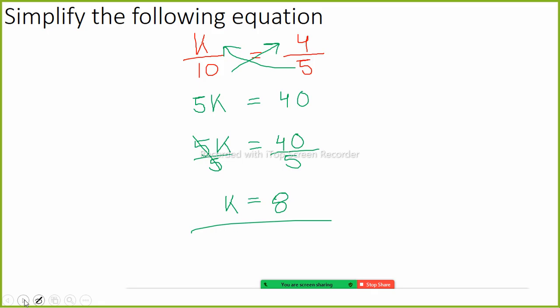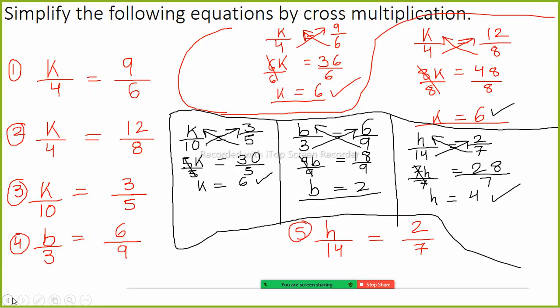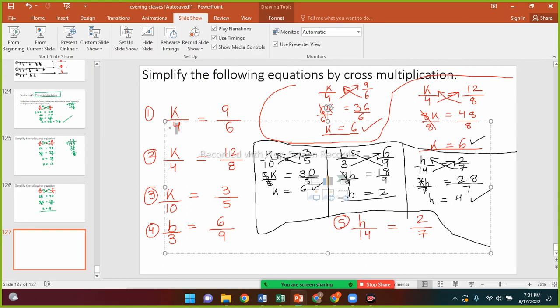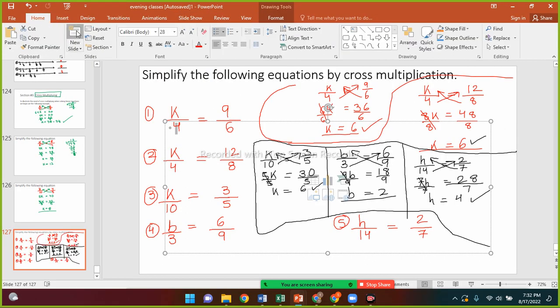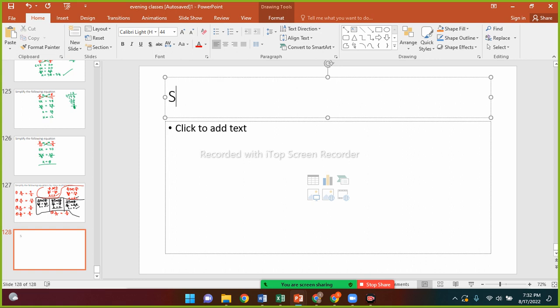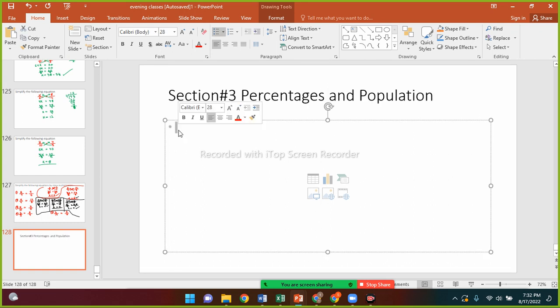And now I want to look at section 3, which is percentages and real world application of it. So section 3: percentages and population. Basically we're going to look at a real world application of percentages.